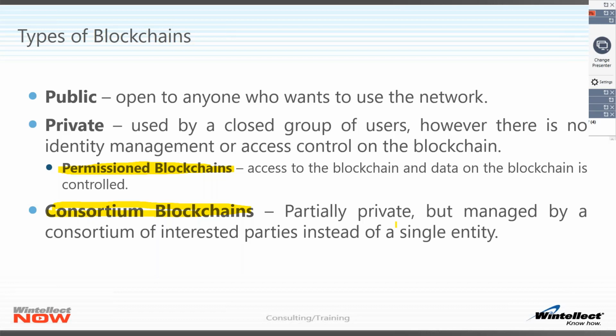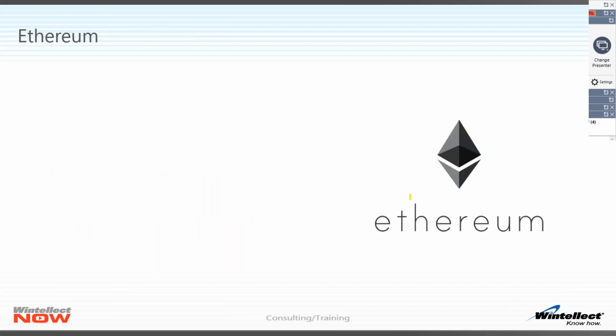Now, it is important to realize this whenever you're writing your smart contracts, because it'll have implications on how you design your code and so on, depending on the kind of blockchain you're dealing with. Now I want to dive in and talk a little bit about Ethereum in particular. Ethereum is both a technology and a public blockchain network.